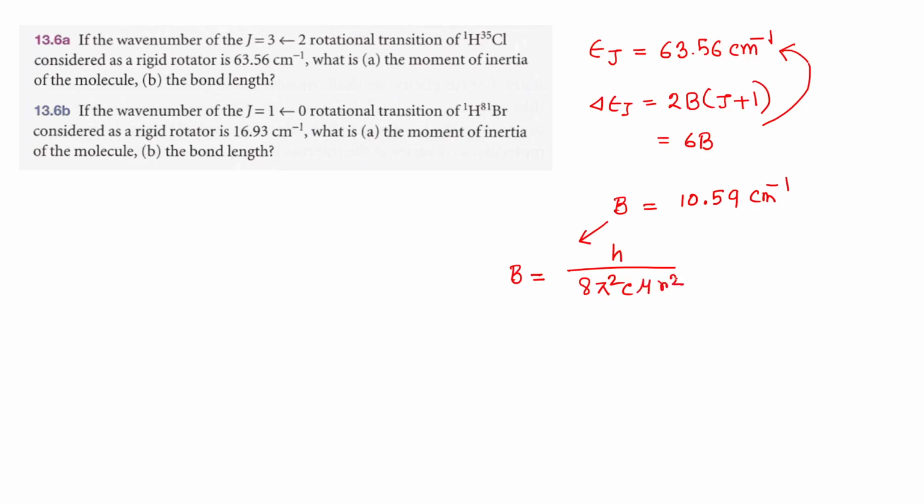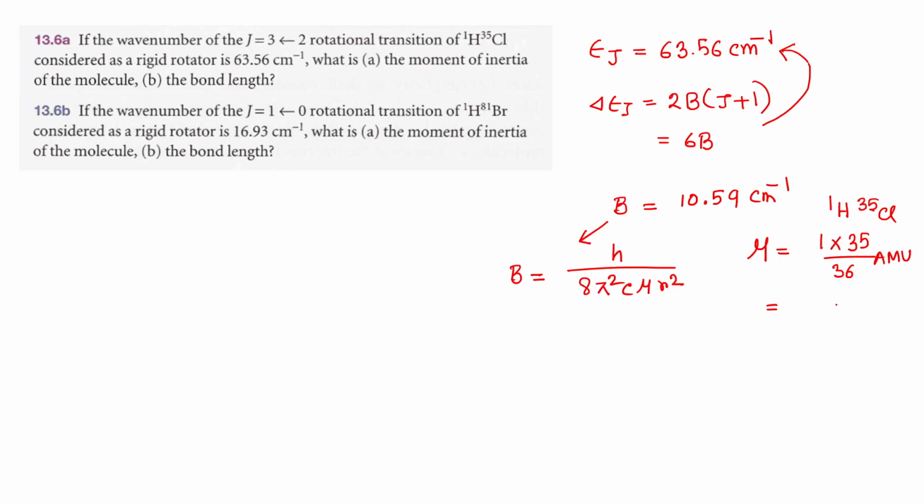Okay, very good. Now let us calculate mu then. Mu is 1H and 35 chlorine, so it is something like 1 into 35 divided by 36 AMU.